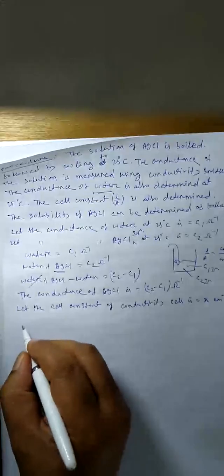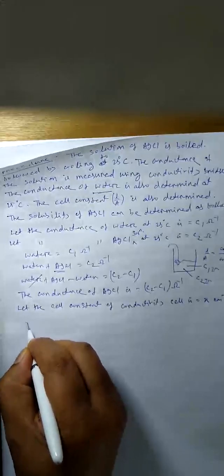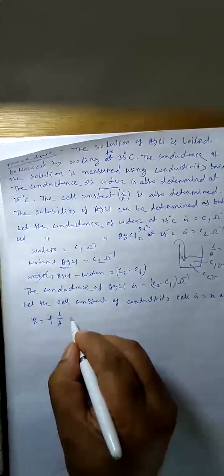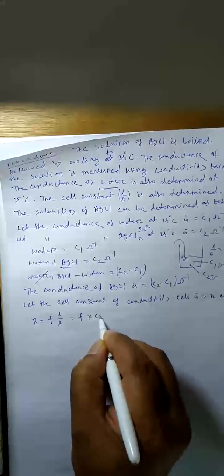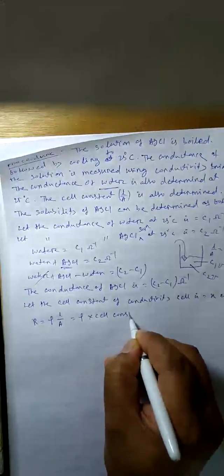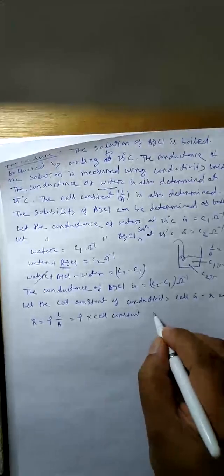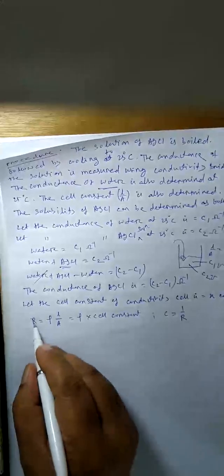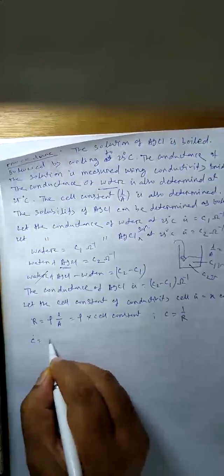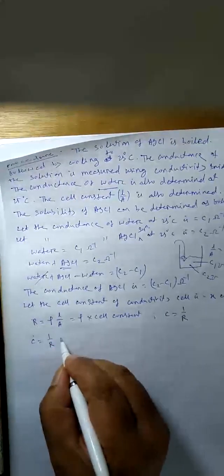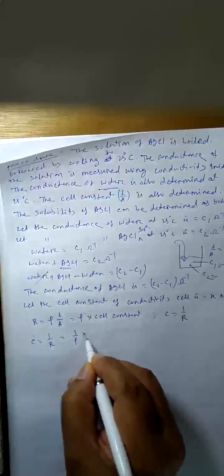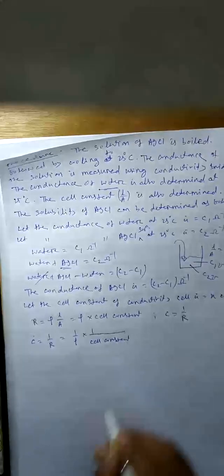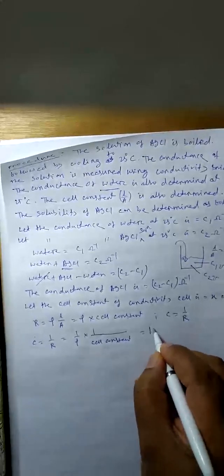We know from the formula that resistance R is equal to rho l by A, and l by A is the cell constant. Conductance is the reciprocal of resistance, so conductance is 1 by R, which gives 1 by rho into 1 by cell constant. 1 by rho is the conductivity kappa.